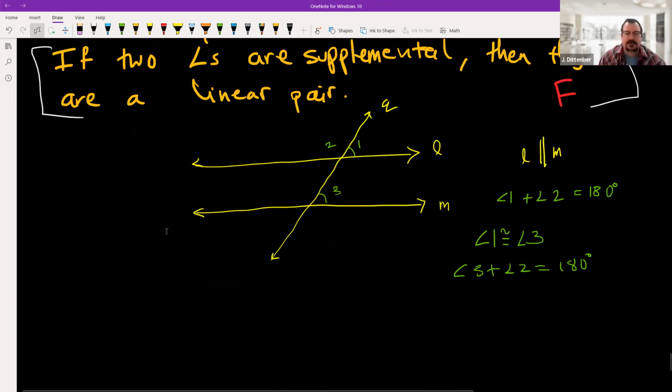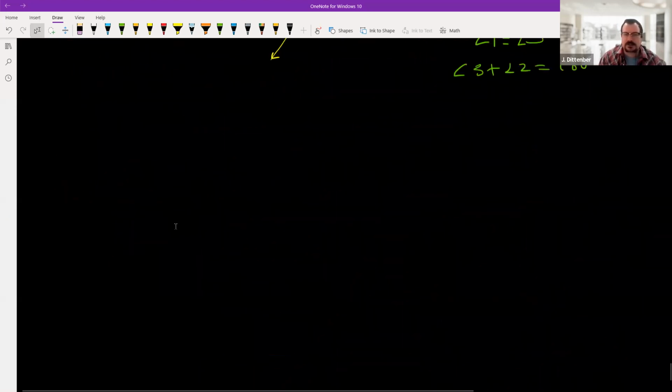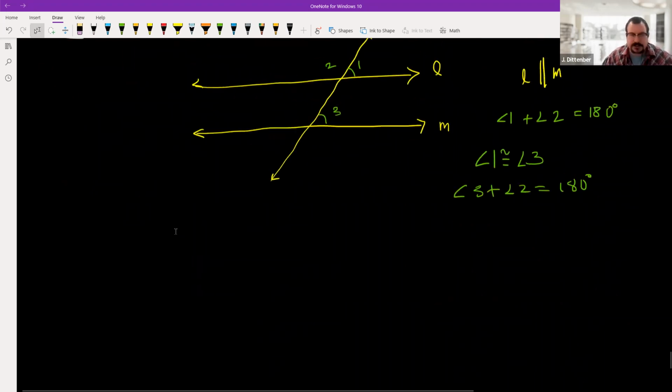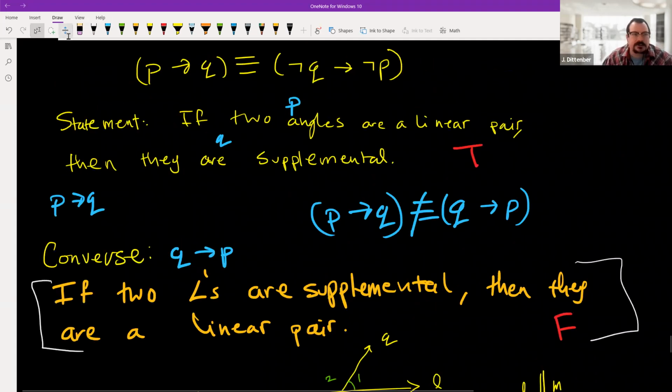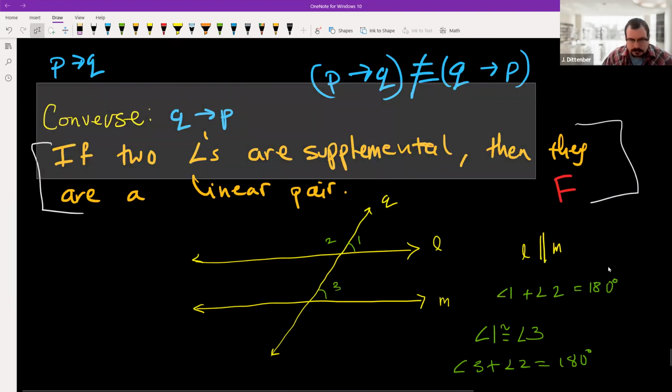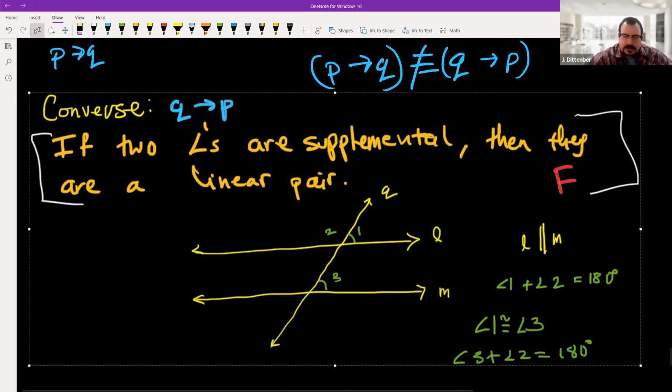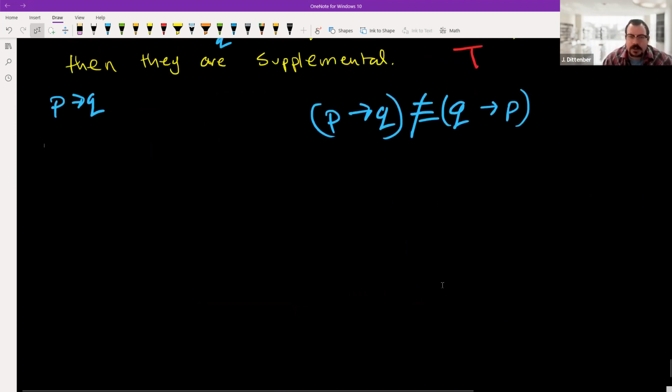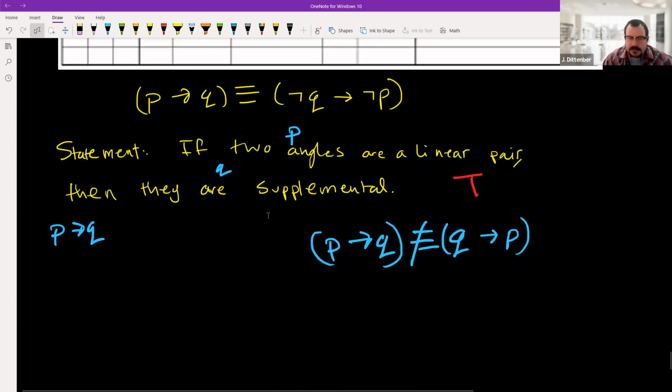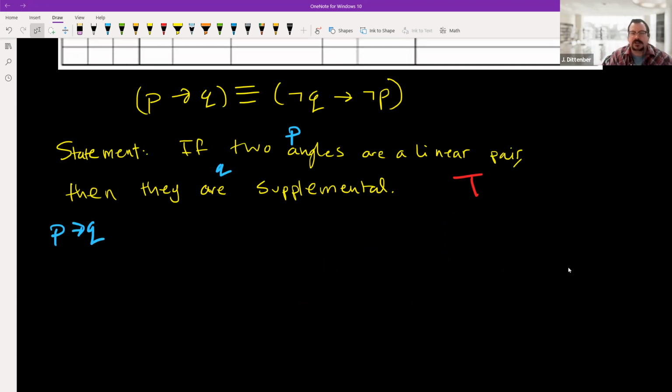Okay, so now we've looked at the converse. Let's look at the inverse. Let me just erase this. According to our truth table, when I write down this inverse, I should actually have the logical equivalent of the one I just wrote down, which was the converse.